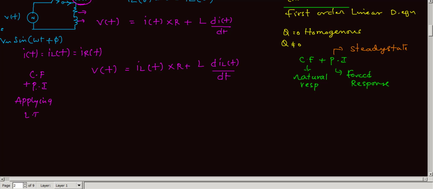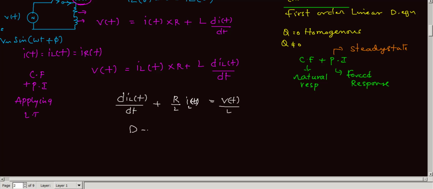How can you calculate the complementary function? If you set v(t) equal to 0, then you get the complementary function. First, I am converting to the first order linear differential equation: diL(t)/dt + (R/L) iL(t) = v(t)/L.